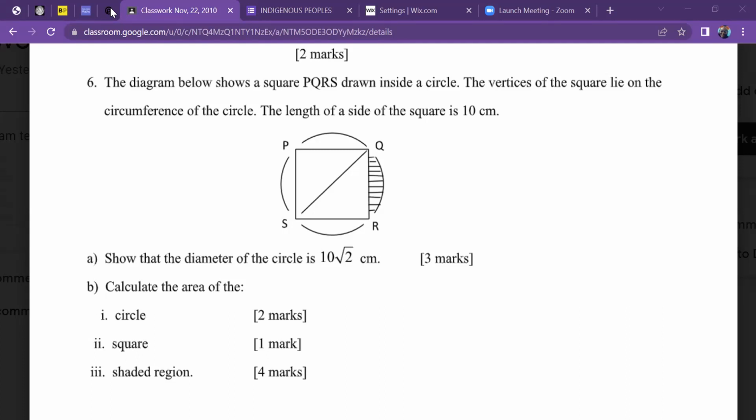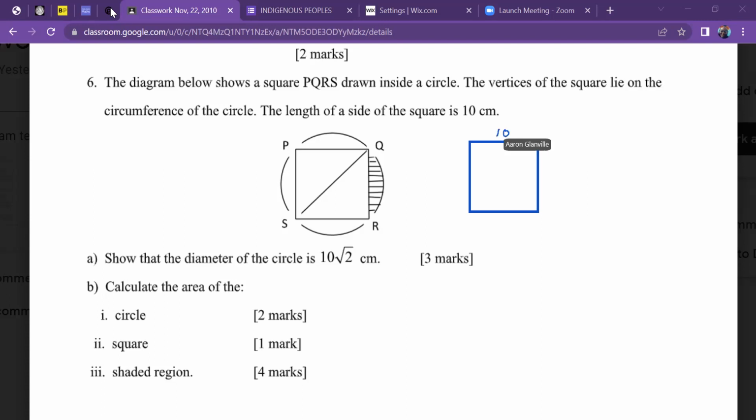Now, we have a square inside a circle, right? Let's just consider the square by itself.